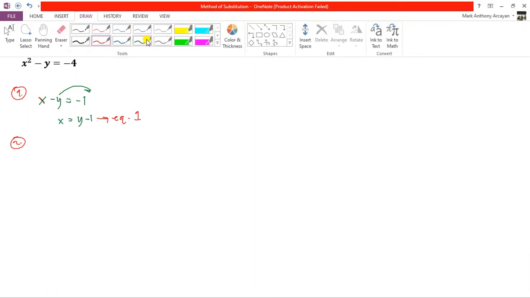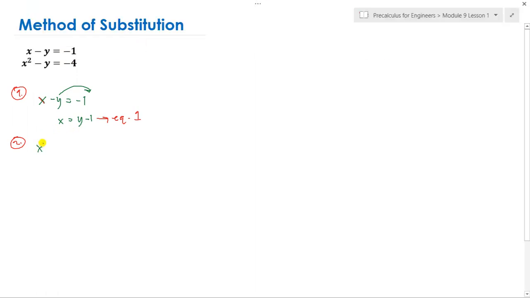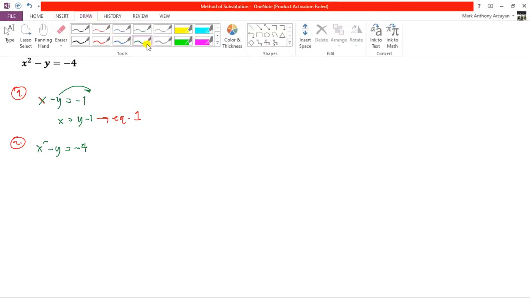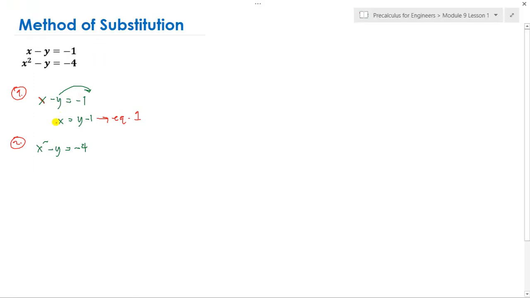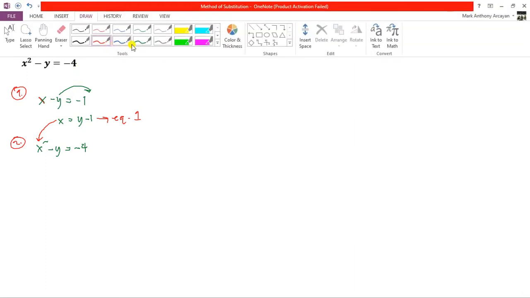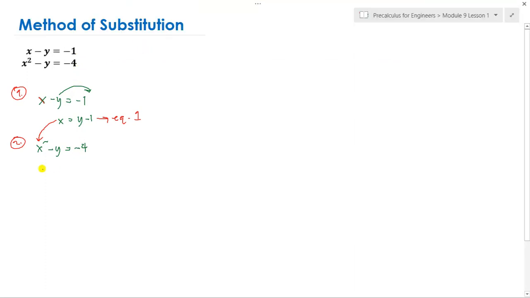So the second equation we have here, x squared minus y is equals to negative 4. And since we already have a value for x, we substitute that on this side. So it will now become (y minus 1) squared minus y is equals to negative 4.